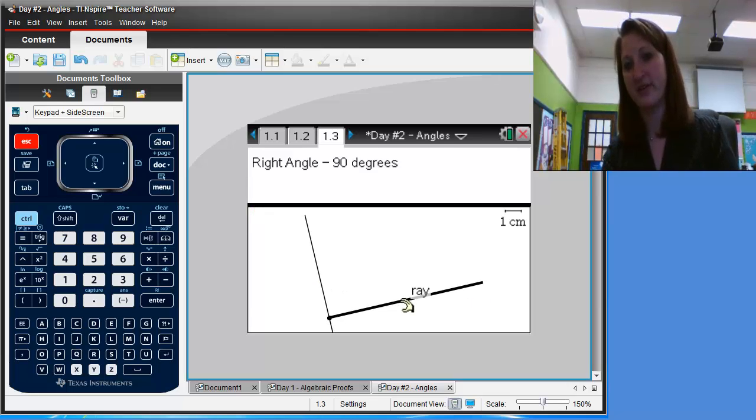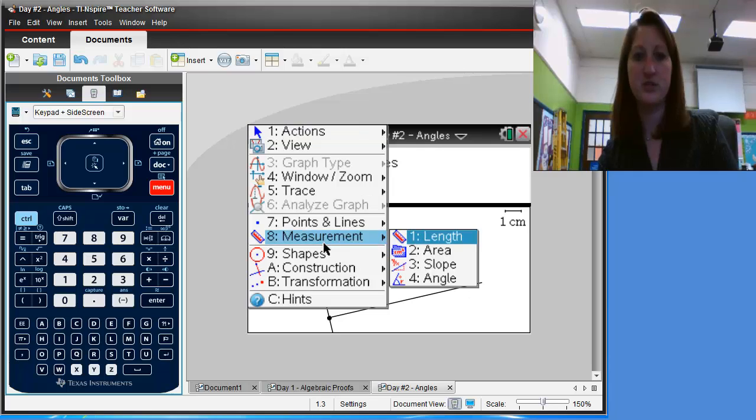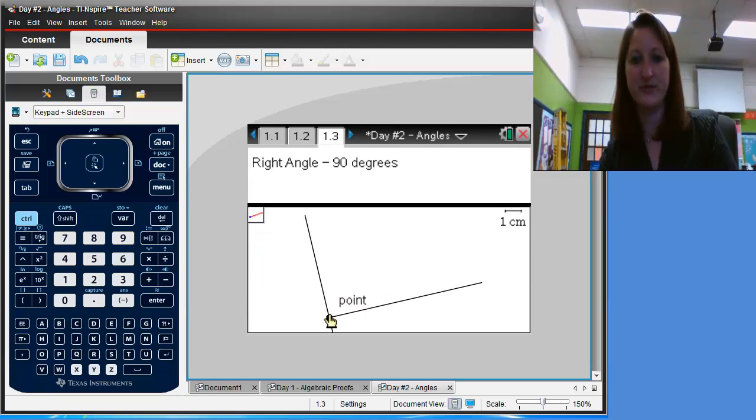So right now what I have here is a 90 degree angle. What I'm going to do is go to points and lines, and choose a ray that goes from this point and follows that perpendicular line.